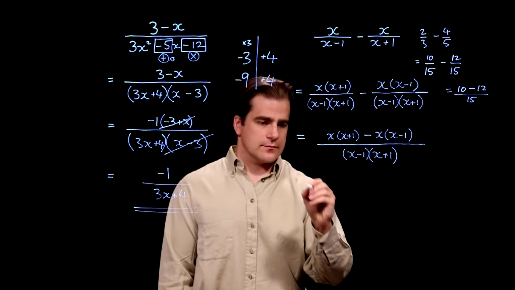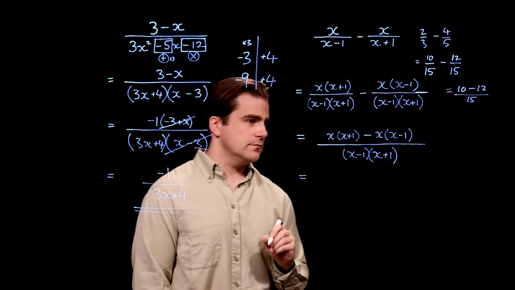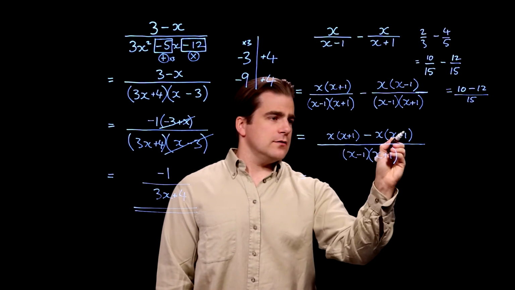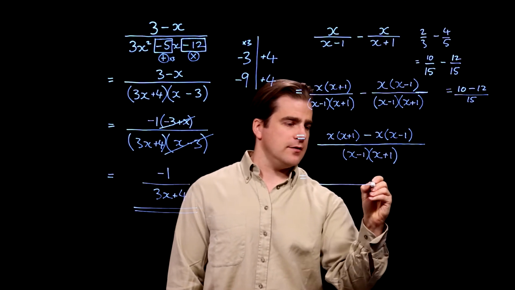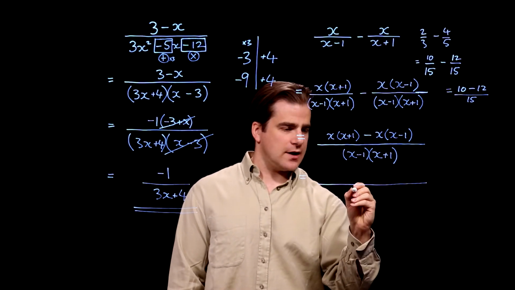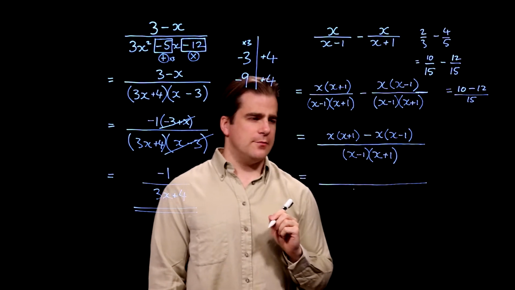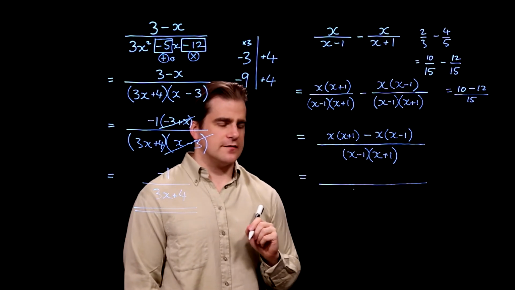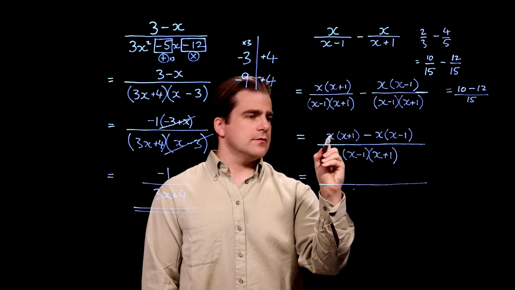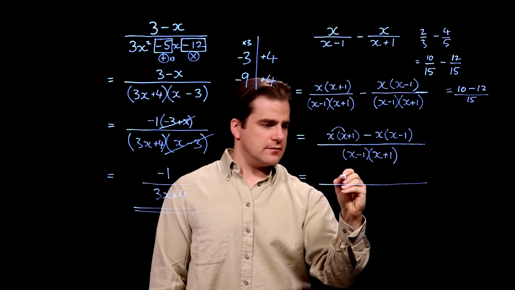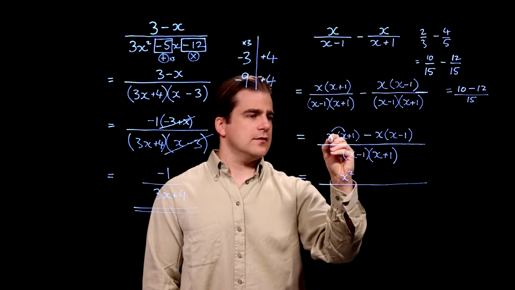Right. So let's multiply out the top. So we're going to leave the bottom the same as, we could multiply out the bottom as well at the same time. Yeah, let's do that. Right. X times x is x squared.